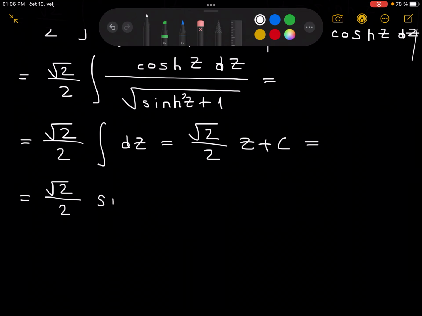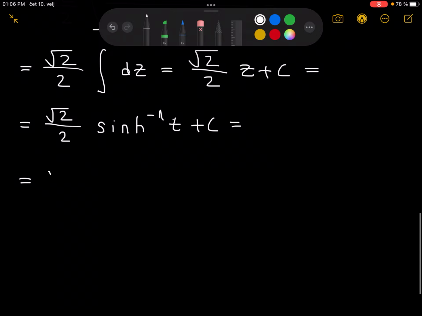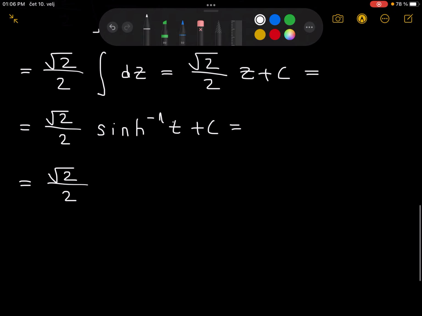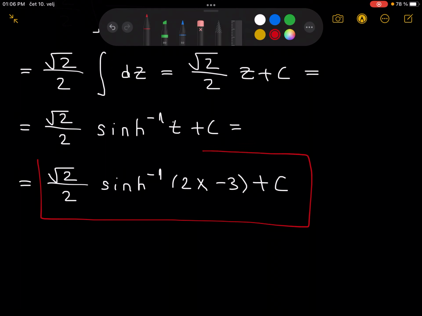So sine hyperbolic to the negative first of t plus c, and this is equal to the square root of 2 over 2, and remember that t is 2 times x minus 3, inverse hyperbolic sine of 2x minus 3 plus c. So this is our final answer to this problem.